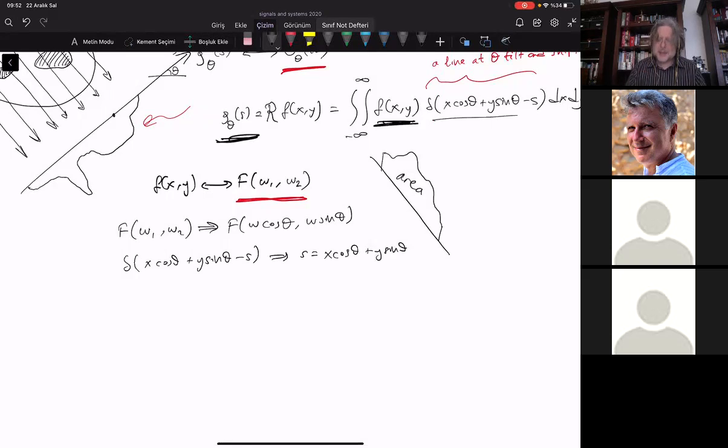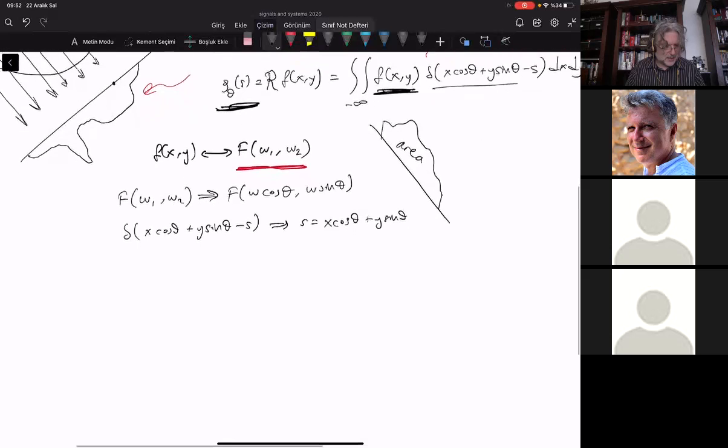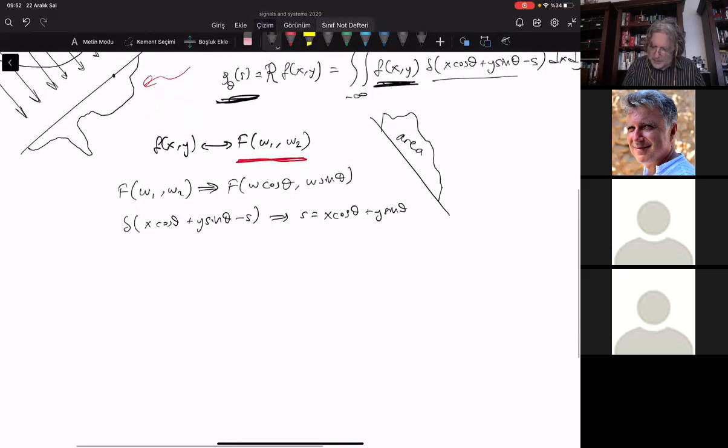So the rest is actually trigonometric derivations, which will tell me that x is s cosine theta, sorry, let me remove, s times cosine theta minus u times sine theta.